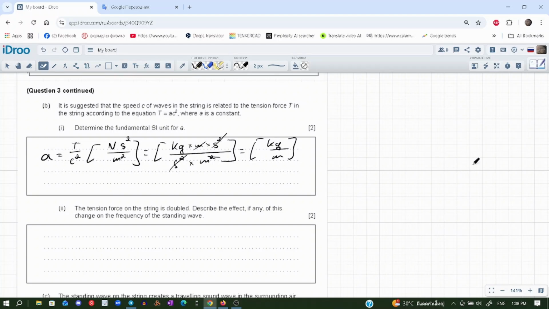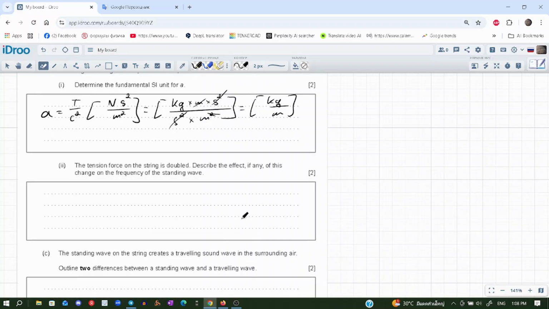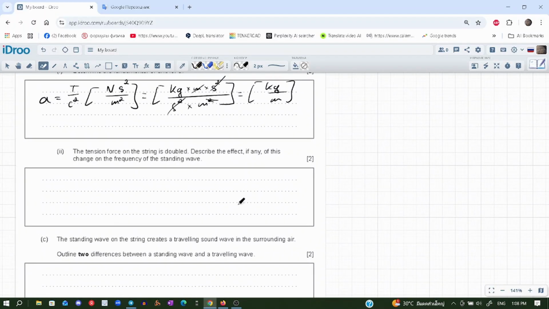The tension force of the string is doubled. Describe the effect, if any, of this change on the frequency of the standing wave. The tension is doubled, so we can say that T2 equals 2T1.